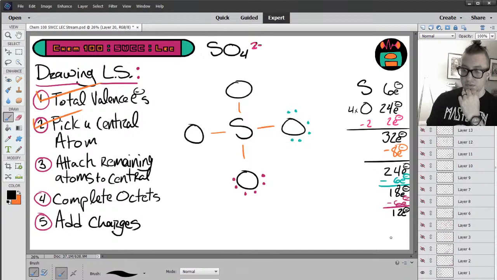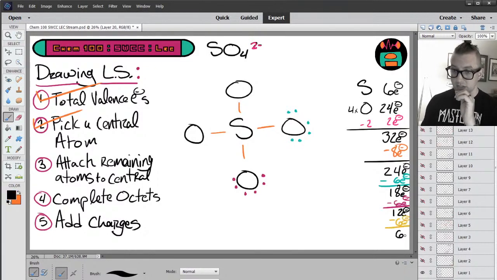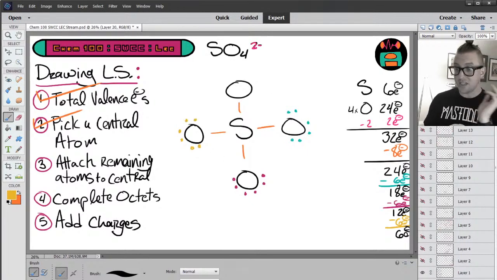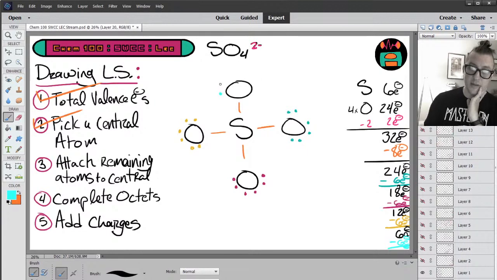That'll leave us with 12. Our next oxygen also needs 6. We have 12 in the budget, so that leaves us with 6. Let's give this oxygen 3 lone pairs. And then our final oxygen needs 6 more electrons, and look at that, we have exactly 6 in our budget. We don't need to make any double bonds or anything.